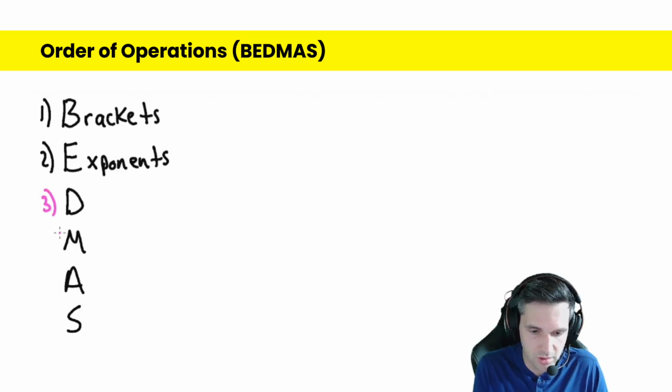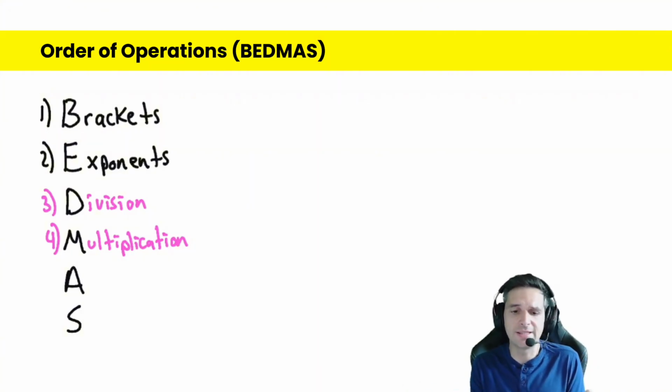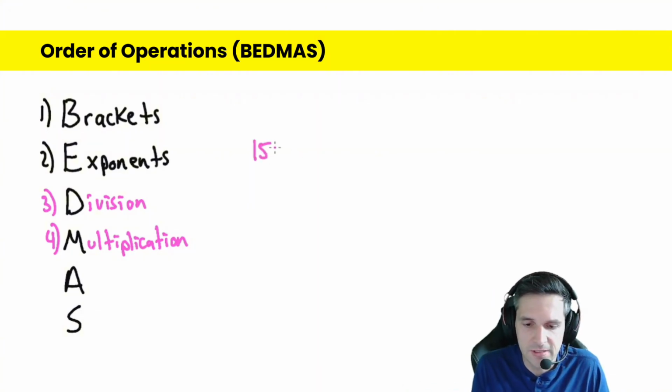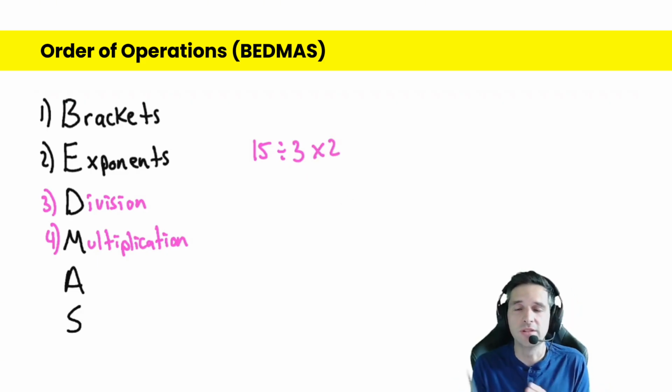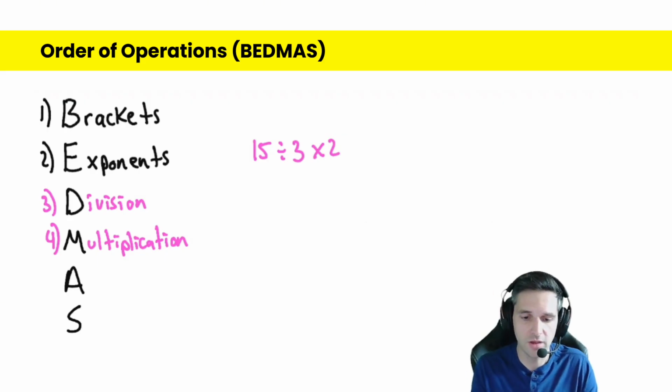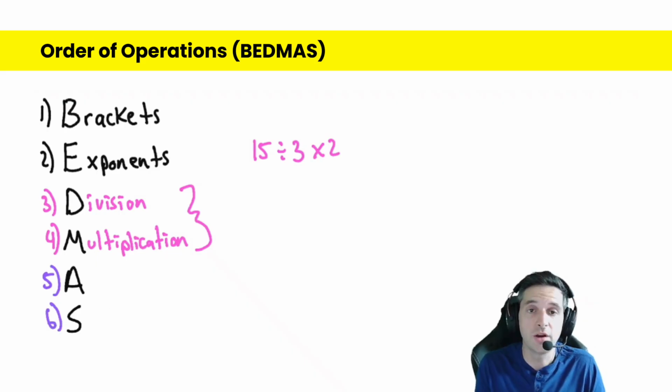So these ones are kind of paired together. And what do I mean by that? What I mean is if you have these side by side, so if I have like 15 divided by 3 times 2, you're going to go from left to right. One of them does not take priority over the other. These two are grouped together. And similarly, addition and subtraction are paired as well.